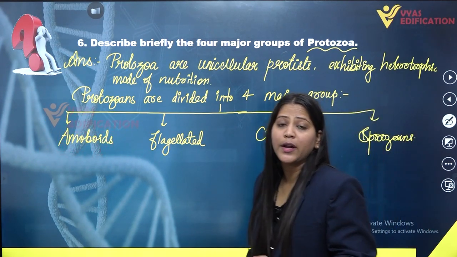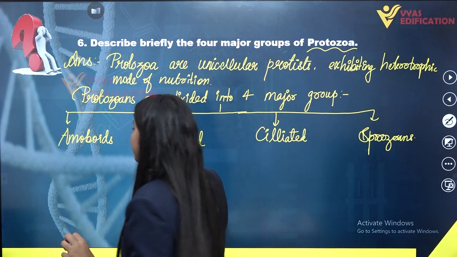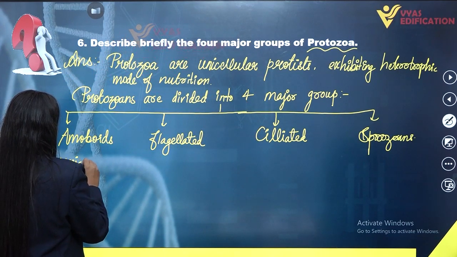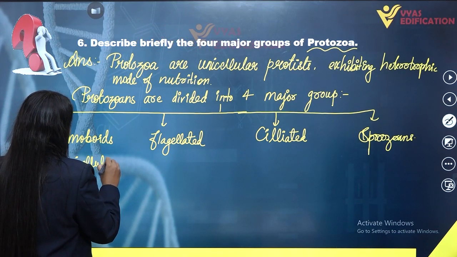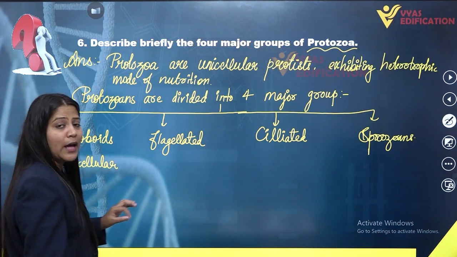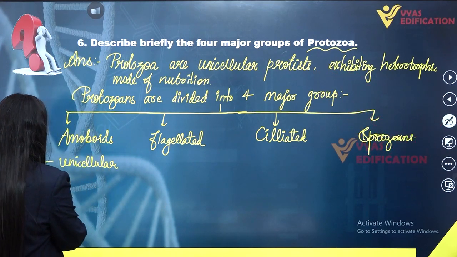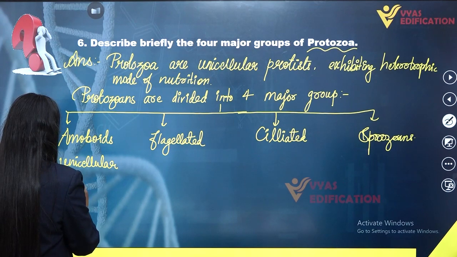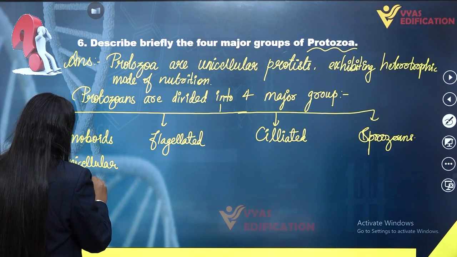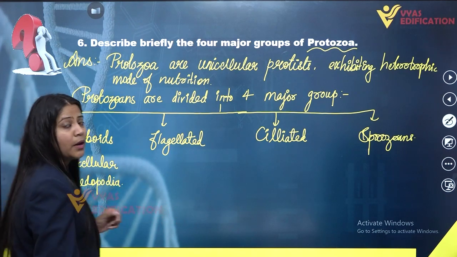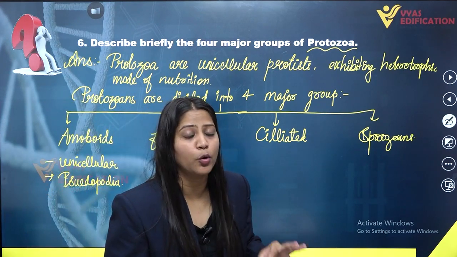Amoeboids or sarcodines include members which are unicellular organisms. They do not have flagella as well as cilia in them. Instead of that, they have pseudopodia, which is nothing but outgrowth of protoplasm.